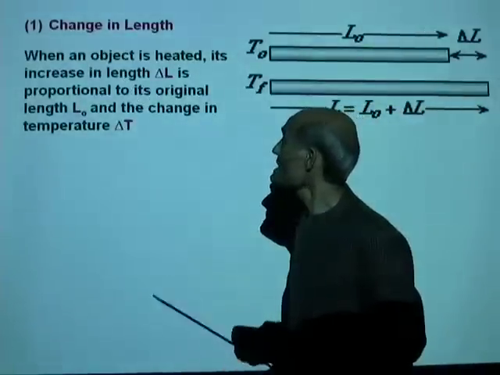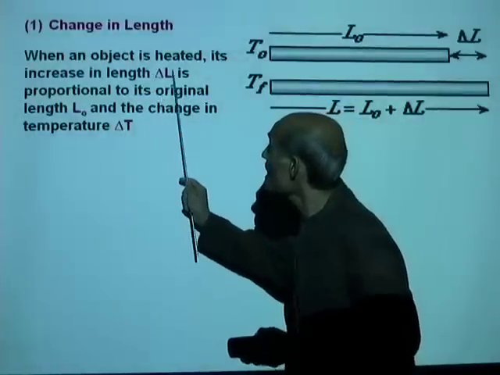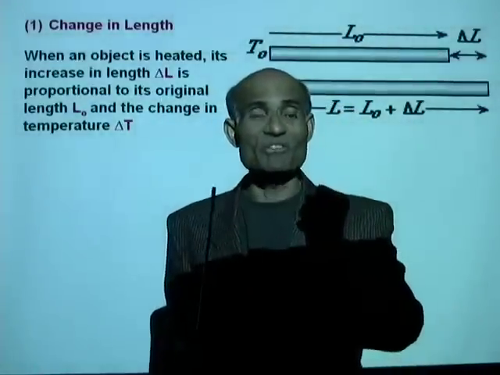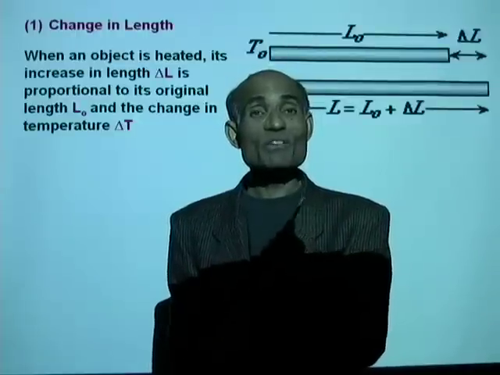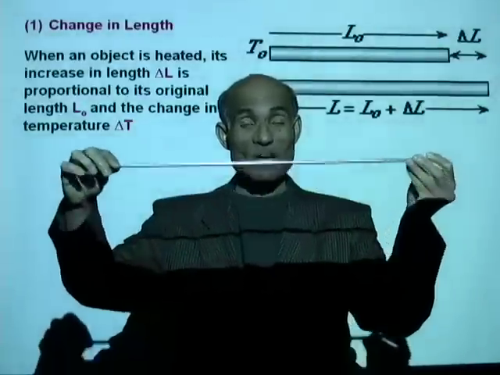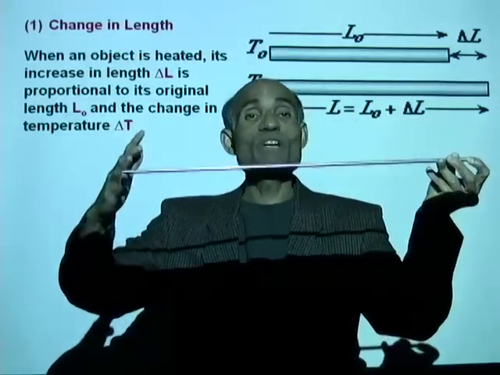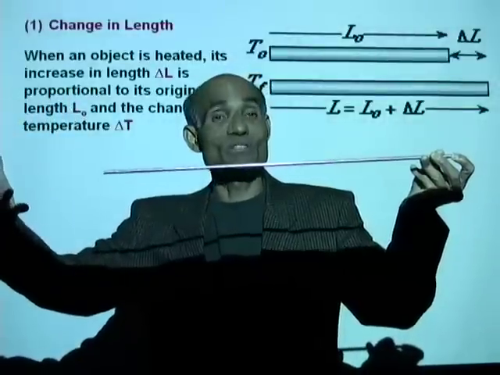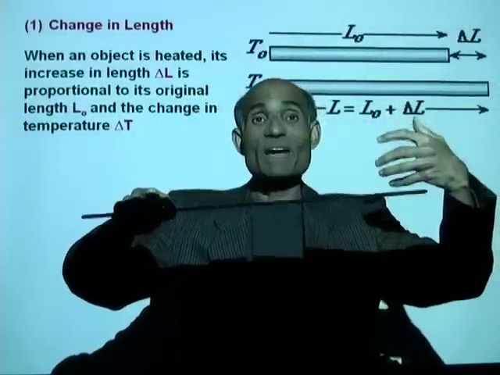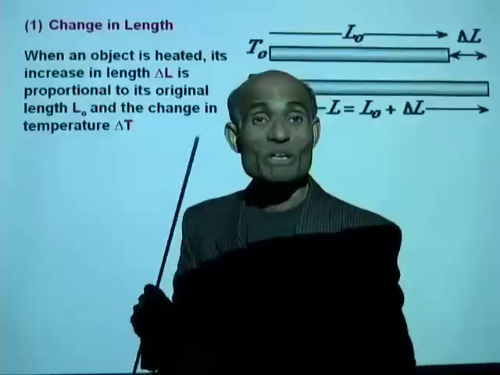When an object is heated, its length increases. What are the factors on which the increase in length, delta L, of an object depends? If I start with a longer rod, the increase in length will be greater. Is that right? And also, if I heat it through a greater temperature, the increase in length will be greater.